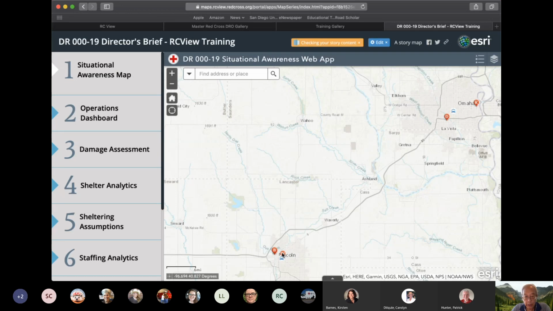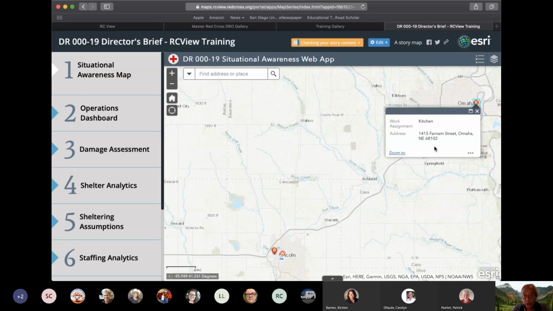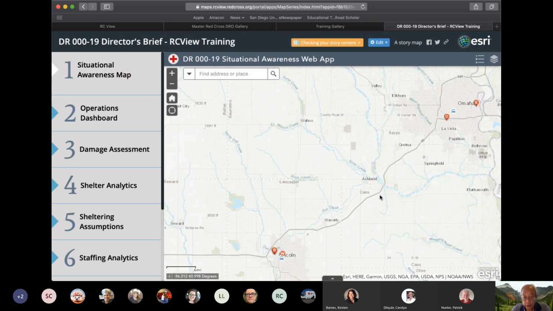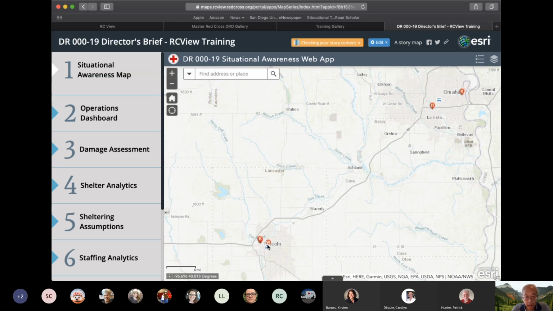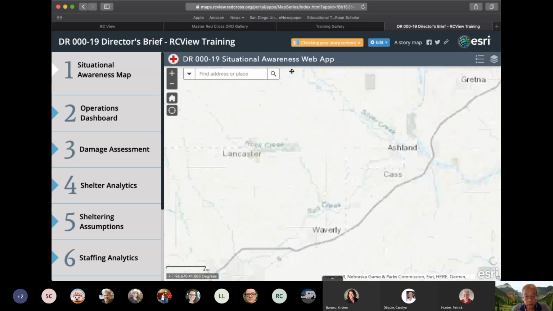And how I do that is I open that up and it says kitchen. This is the location in Omaha. And meals are going to be delivered in this direction along, I think it's I-80. And here is my staffing shelter. Everybody can see that. Let me drill in a little bit more.